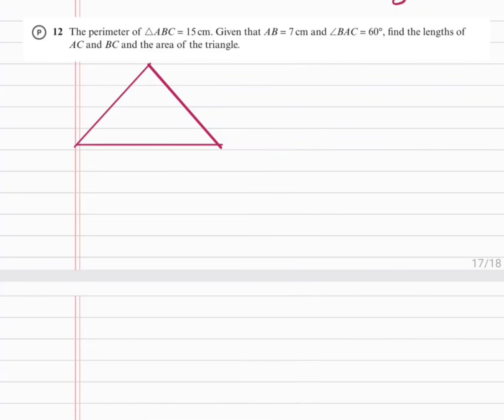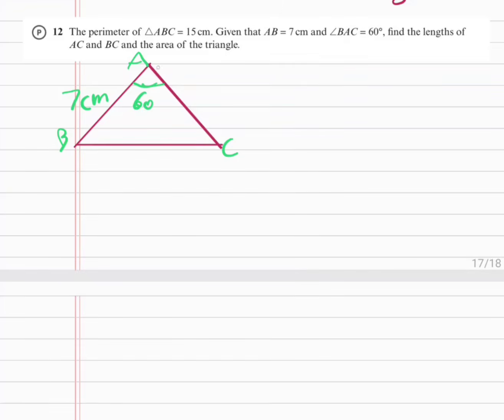So the first thing is just labeling this triangle, and let's say we have A, B, C, and we know that AB is 7 centimeters, which is here. Then BAC is 60 degrees, so we have 60 degrees here. Right, so now it's up to us to label and solve the rest of the question.